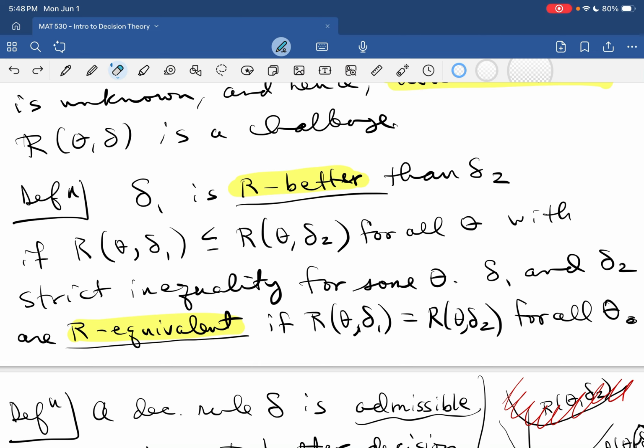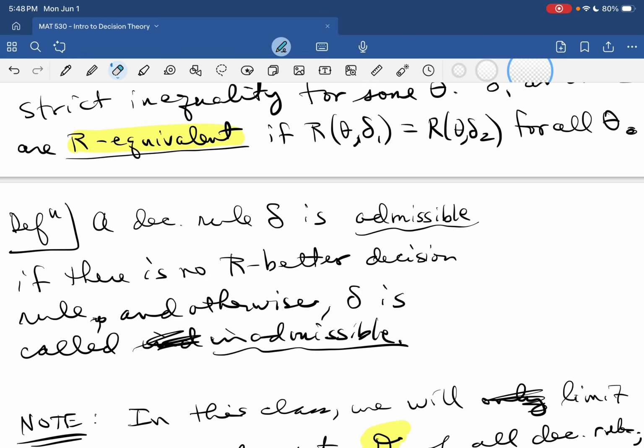And then we say that delta 1 and delta 2 are equivalent if they're equal for all theta. And that seems like a very reasonable definition for equivalency. We say that the decision rule delta is admissible if there is no R better decision rule. And otherwise, delta is called inadmissible.